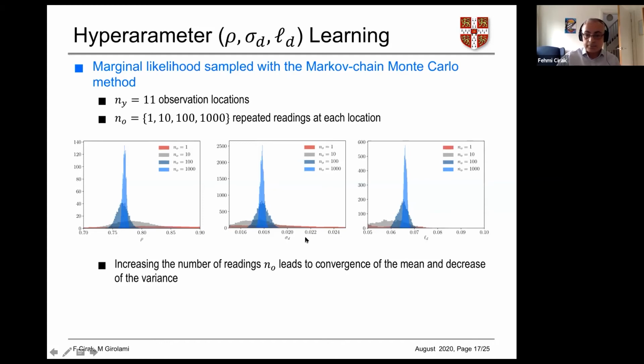And if we increase the readings even more, to 1,000 readings, then we have these blue histograms. Okay, so we have a very well-defined mean, and also a very small variance. So we can be quite sure that the true parameters are those. We can take the means of these histograms as the true parameters in case we have many readings.